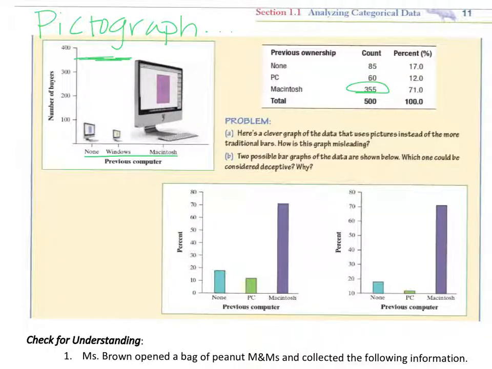However, the area that this computer covers is significantly larger than the area covered by the other two computers. So our eye is drawn to that, and we are under the impression that it is a much larger percentage than it is in reality. It is a very big percentage. However, the area that it's covering is misleading.